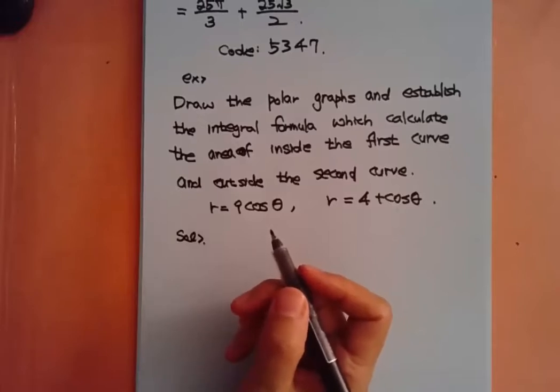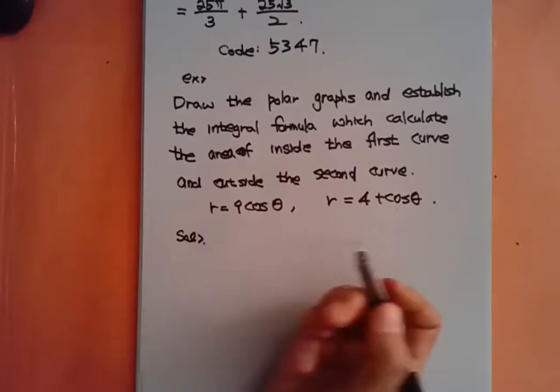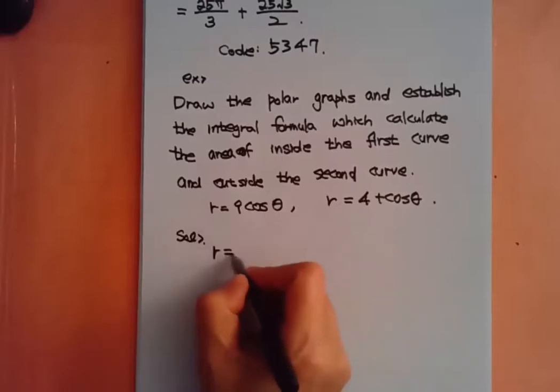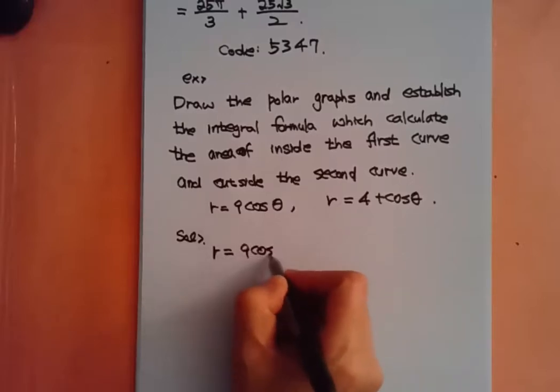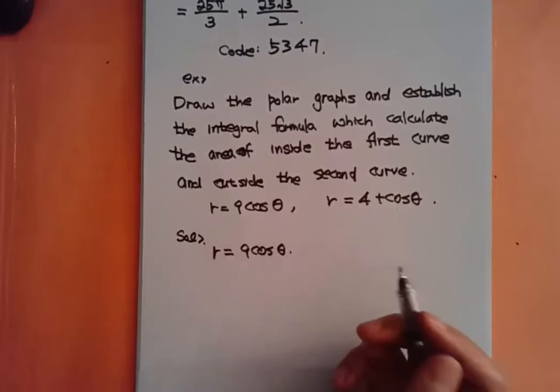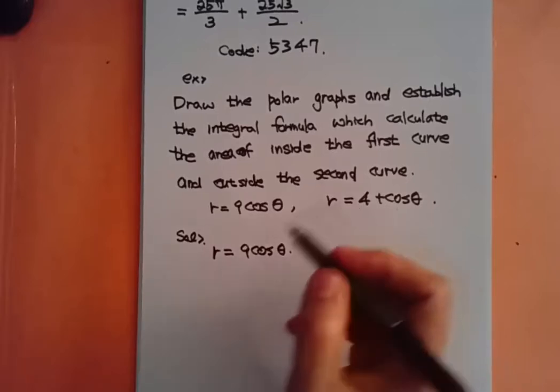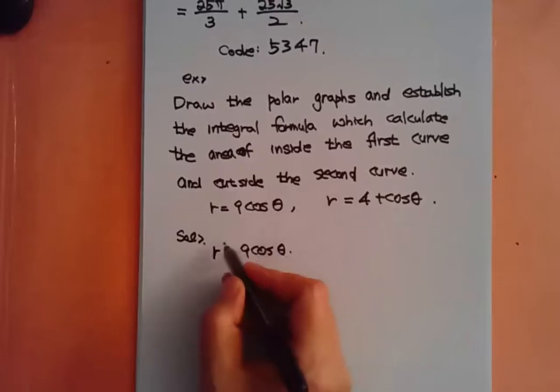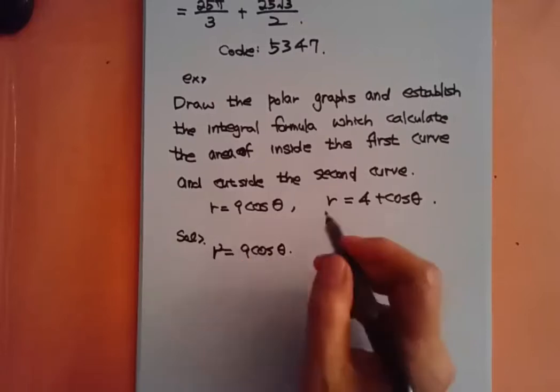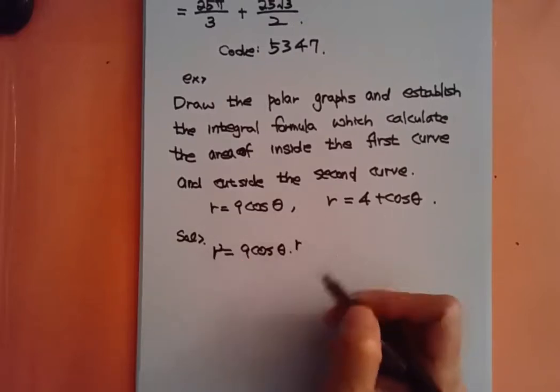So we will figure out the first one first. This is r equals 9 cosine of theta. Obviously, this is the equation of a circle. If you multiply by r on both sides, then the left side becomes r squared and the right side becomes 9 r cosine theta.